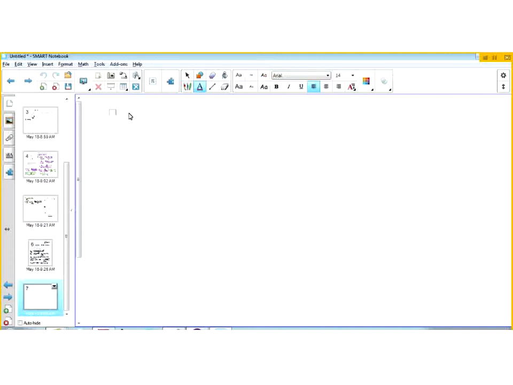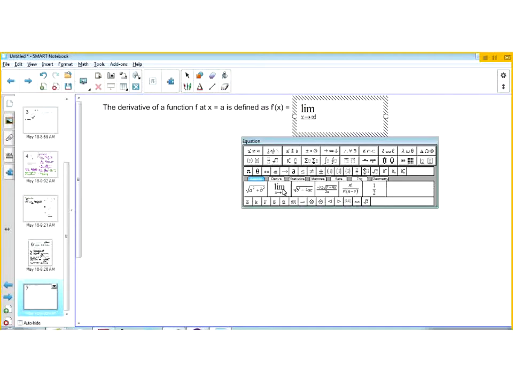Now we can talk about the definition of a derivative of a function. The derivative of a function f at x equals a is defined as f prime of a. And there's a formula for it. It's a limit.